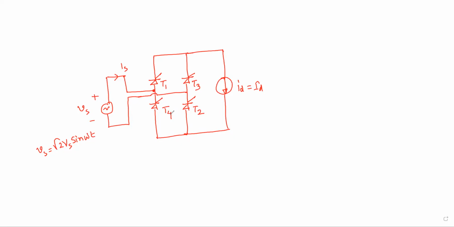It is a very big DC motor where the armature resistance is almost zero and there is a lot of inductance. Then the output current, the DC motor current, will be like this. Not exactly constant, but it will have some ripple, but we can take it as constant. Got my point? Yes, sir.